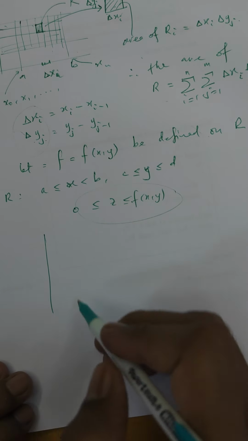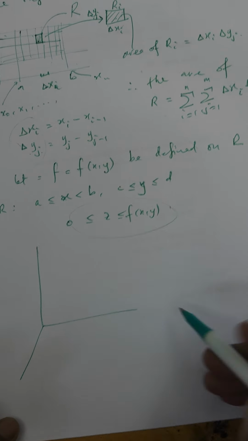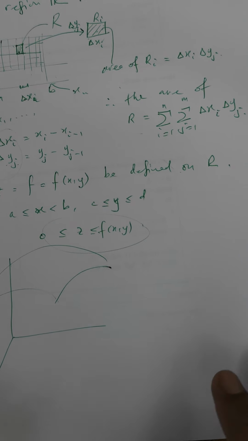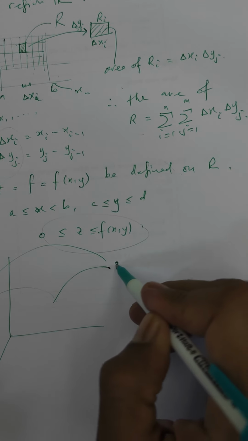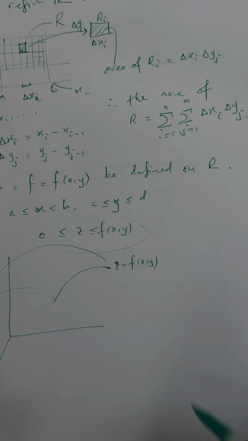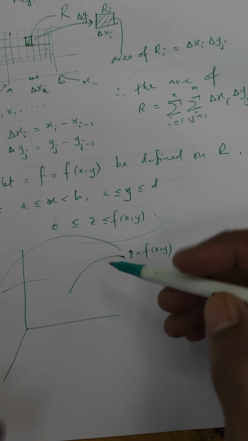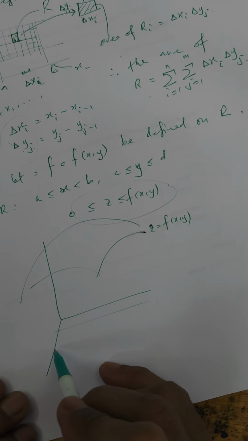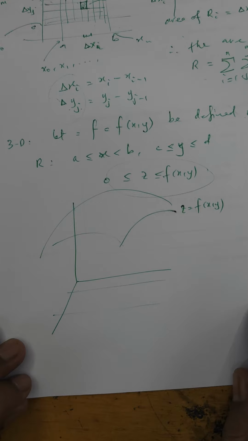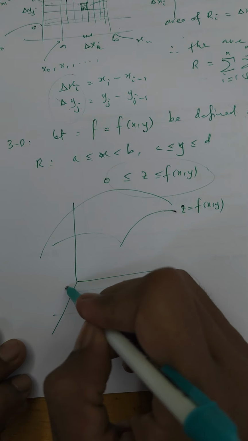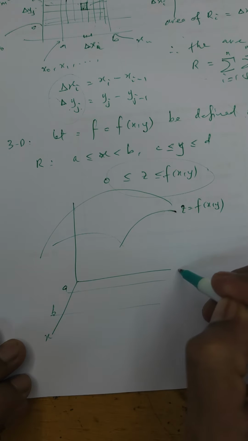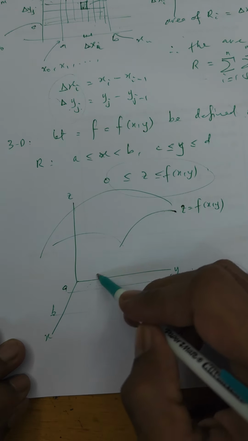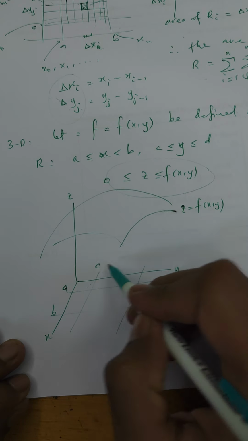If I can sketch this, let's say this is our z, where z is given as f(x, y), bounded on the xy plane. Let's say x from a to b and y from c to d, this is c, this is d.